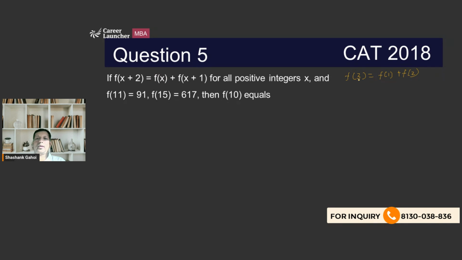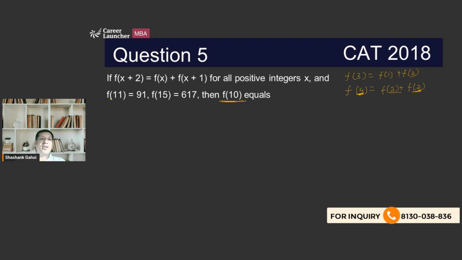If I put x equal to 2, f4 is equal to f3 plus f2. So it says that each number is equal to the sum of the two previous numbers, and that's what the question says. Now I need to calculate the value of f10.